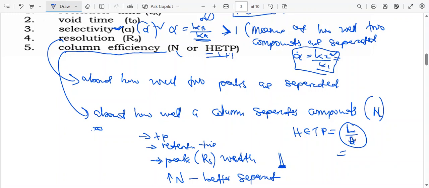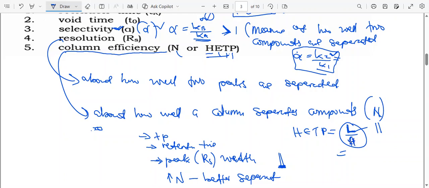I have forgotten, but this should be the formula. L simply means the column length. All right, the column length. Then the height.